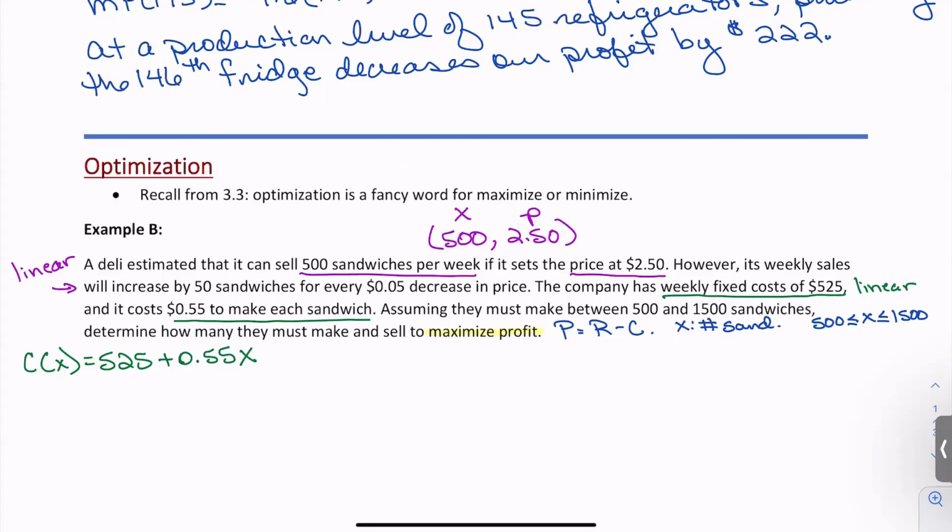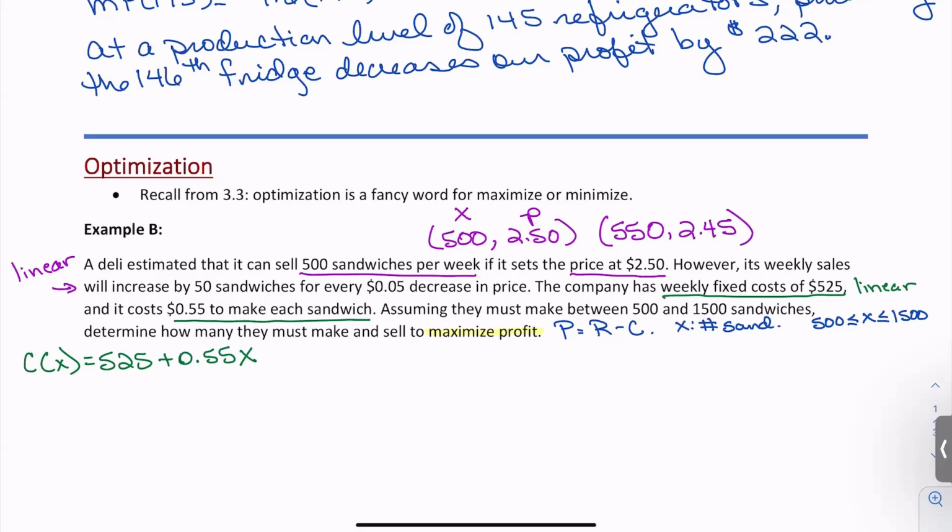So if we can find two points on the sandwiches per week per price, then we can come up with a price function. So let's take a look. If it's 500 sandwiches per week and the price is $2.50, and it increases by 50 sandwiches, then that means we also have a point of 550 sandwiches at $2.45 for our price.